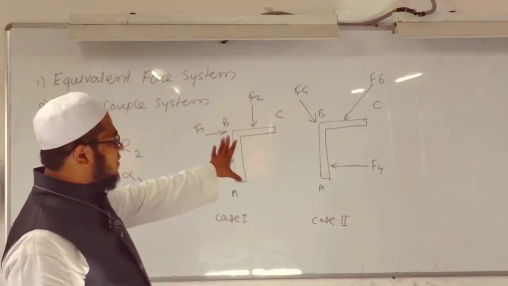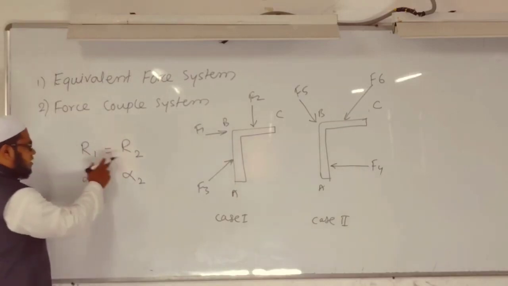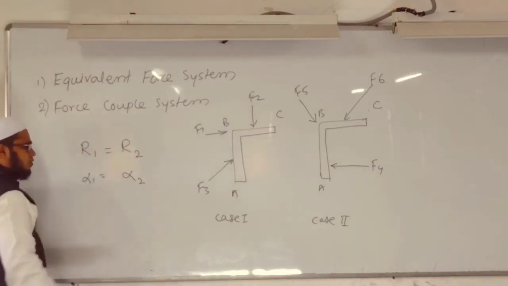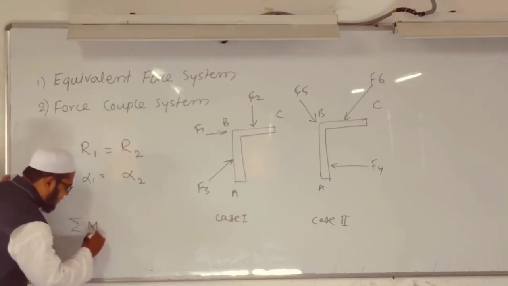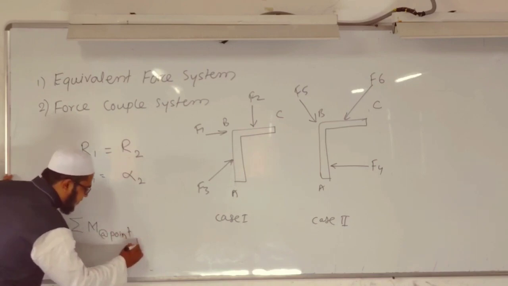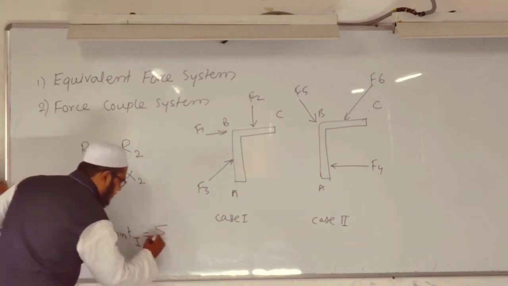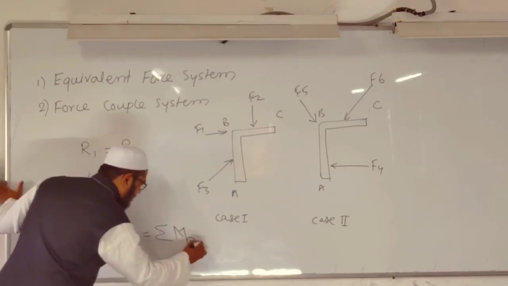But whenever a non-concurrent force system is there, along with R1 equal to R2, alpha 1 equal to alpha 2, we have to also consider the summation of moment about a point of the first case should be equal to the summation of moment about the point of the second.